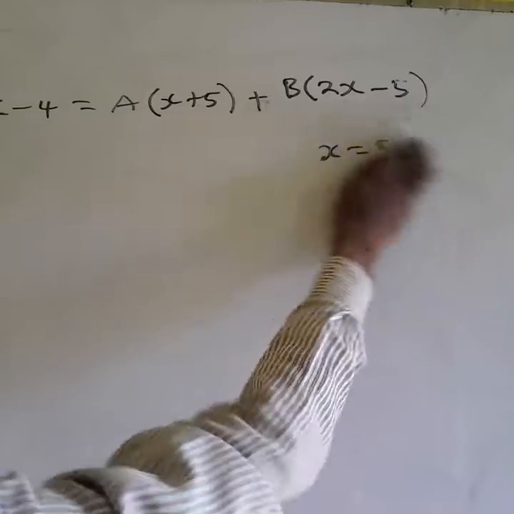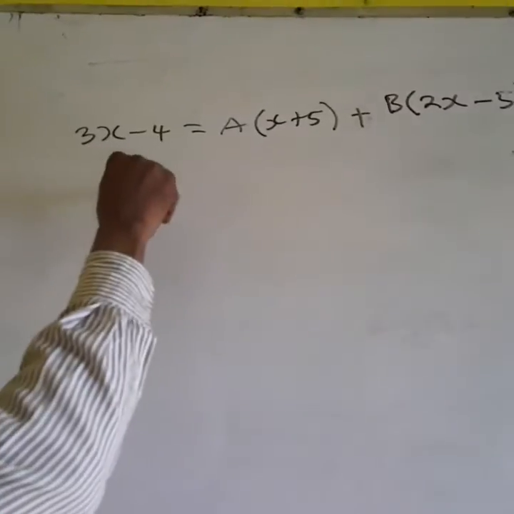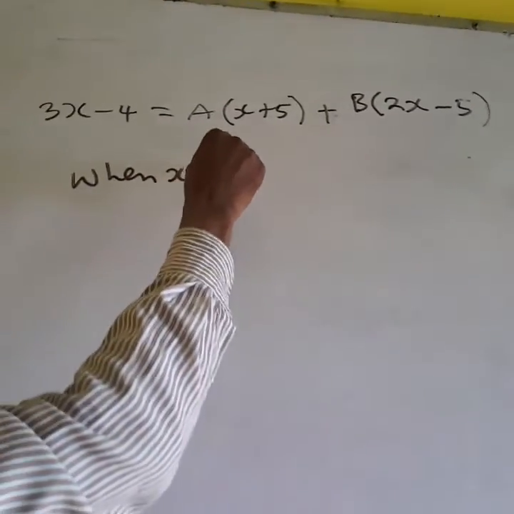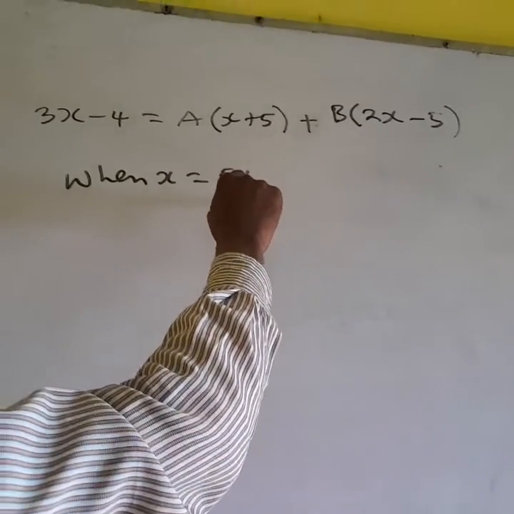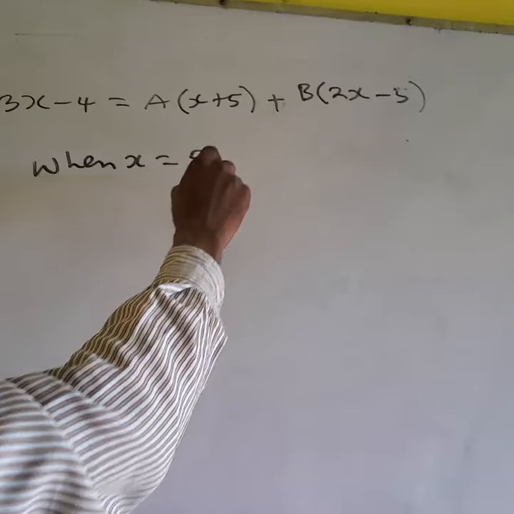So now we'll evaluate it when x is equal to 5 over 2. Anywhere you see x, you put 5 over 2.